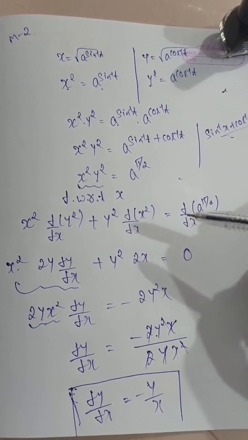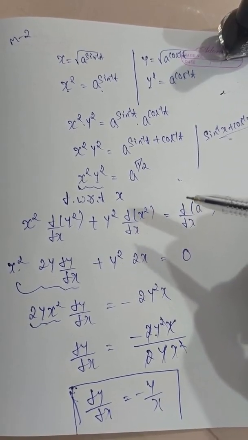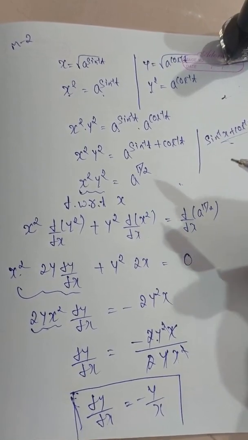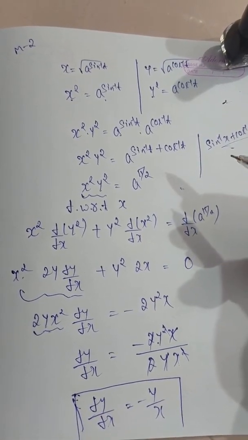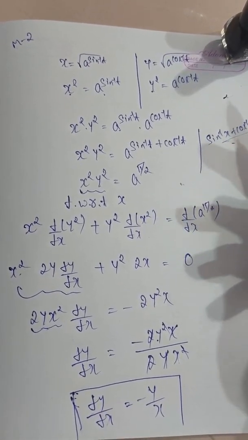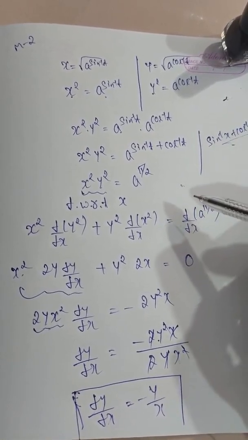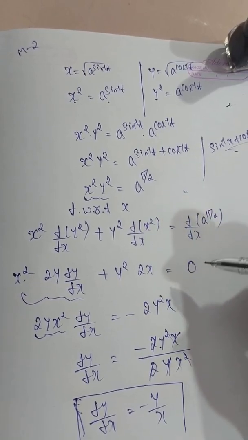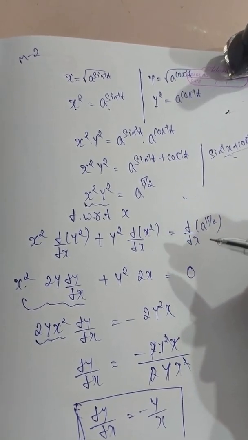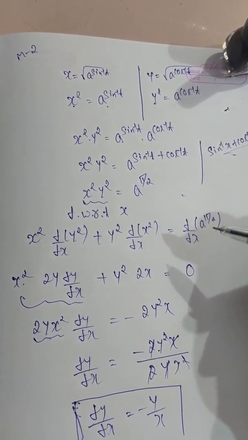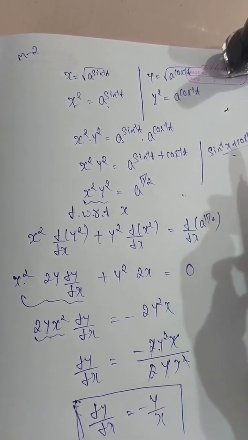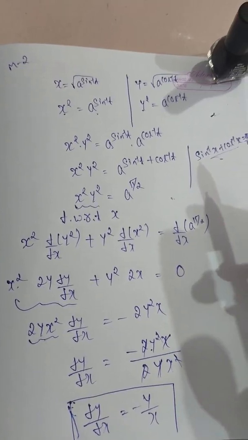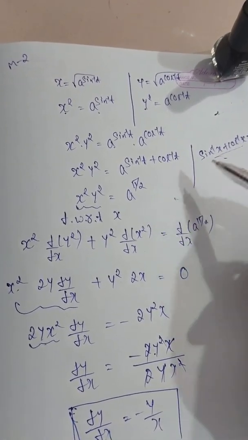So I am suggesting you people to solve by this method. If you solve any problem in an easy way, please send me that image. Definitely I will mention your name and that this problem was done by this student in an easy way. So once again I am repeating this problem.